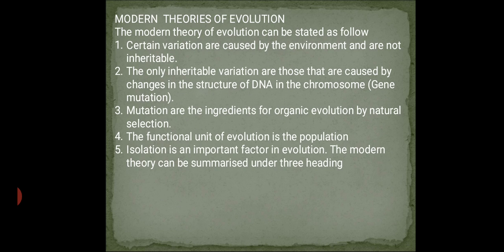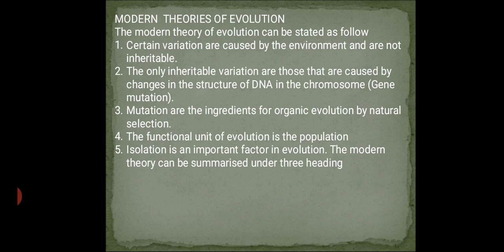Modern theories of evolution. The modern theory of evolution can be stated as follows. 1. Variations are caused by the environment. 2. Variations caused by the environment are not inheritable.